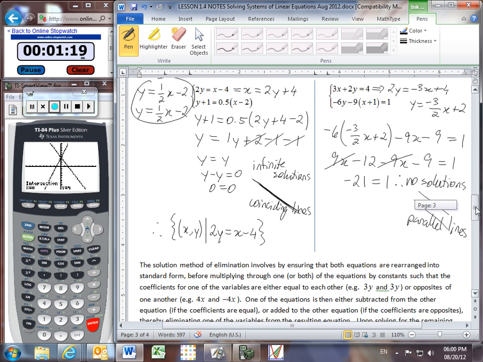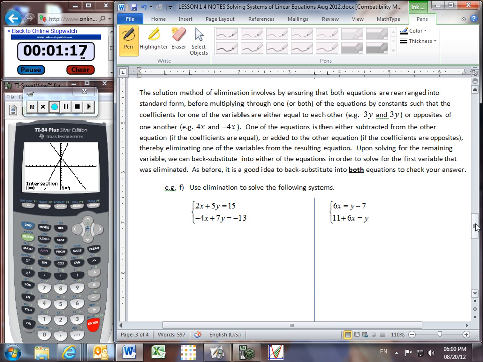I'll just introduce the idea of elimination before we go on to the last video of the lesson. So elimination means that we're going to rearrange both equations into standard form. Now in this first example, they're both already in standard form, ax plus by equals c, so no rearrangement will be required.